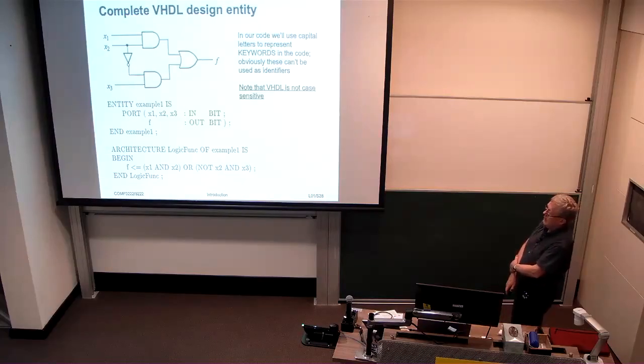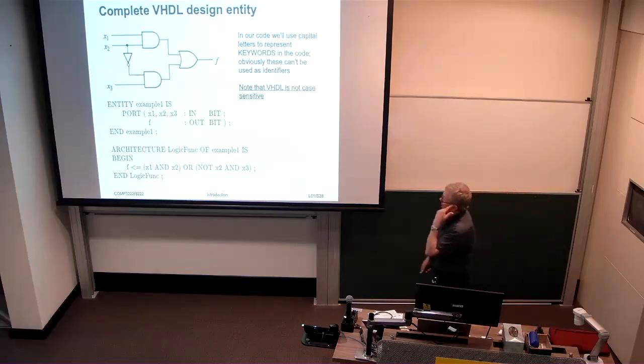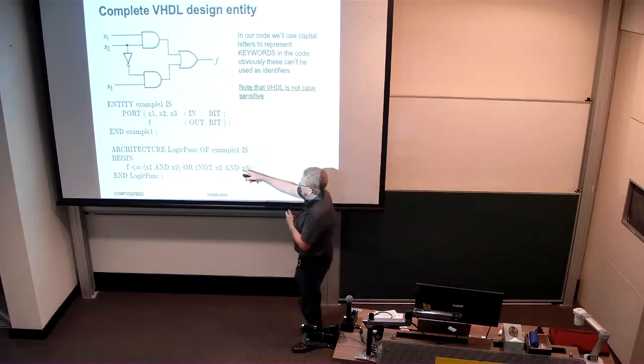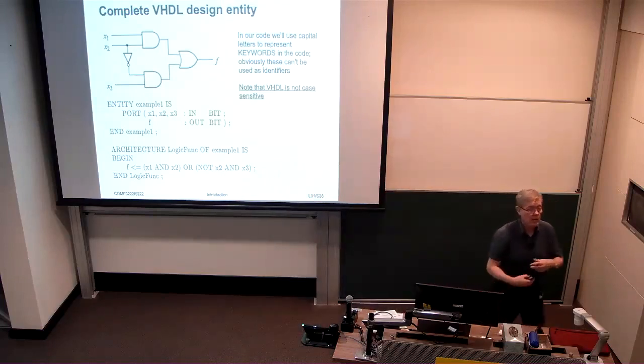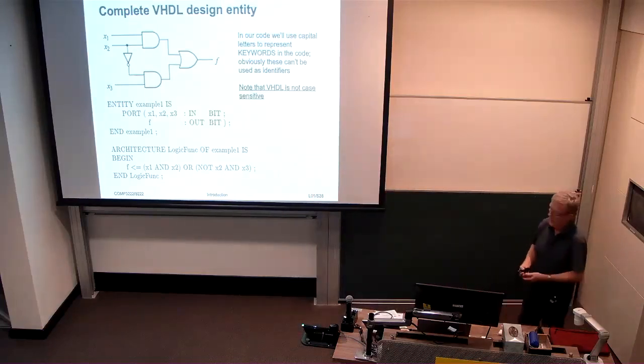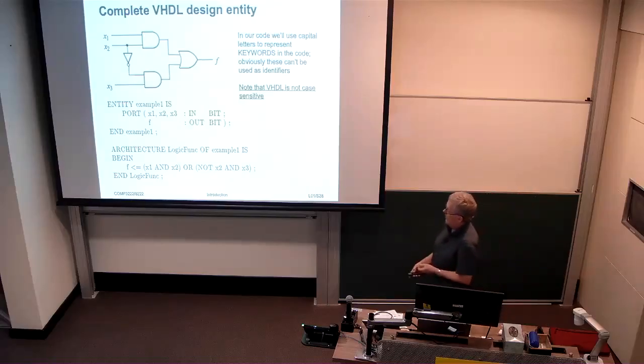In our lectures, we'll use capital letters for all the keywords, so ENTITY and IS and PORT, IN, BIT, OUT, ARCHITECTURE, AND, OR, NOT, OF are all keywords, and all the lowercase ones are ones we've defined, user-defined names here, okay? VHDL is not case sensitive, that's important to note.